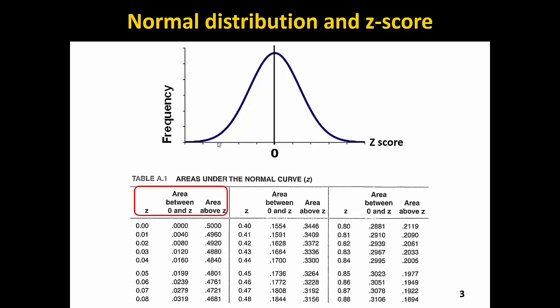If we go back up to our normal curve, and we measure the entire area under this curve that extends way out into the tails, that area has a value of 1.0, or 100% of the area.